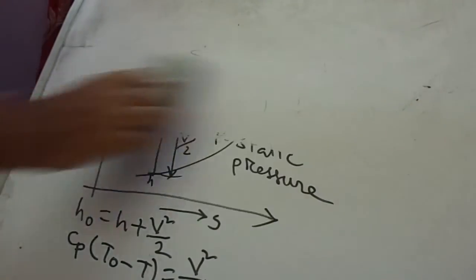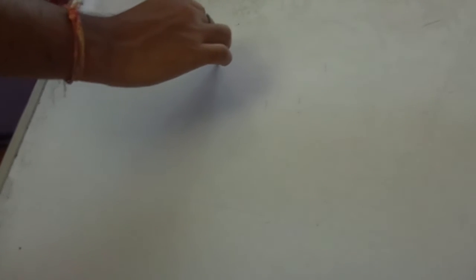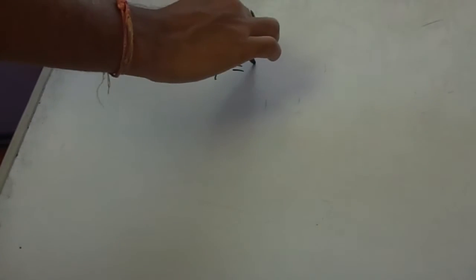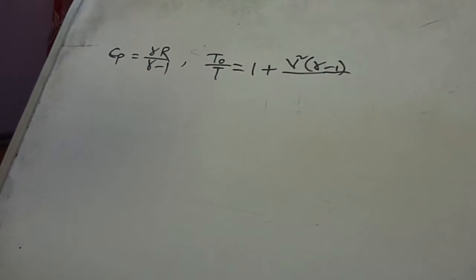Cp is equal to gamma R by gamma minus 1, so T0 by T is equal to 1 plus (gamma minus 1) V square by 2 gamma RT.